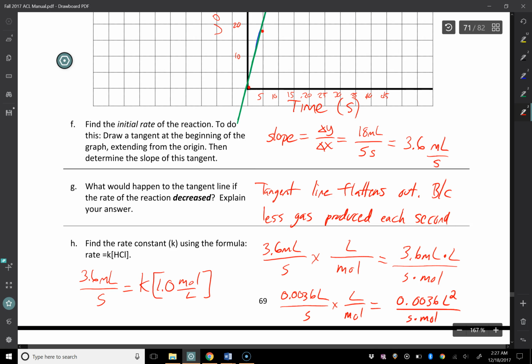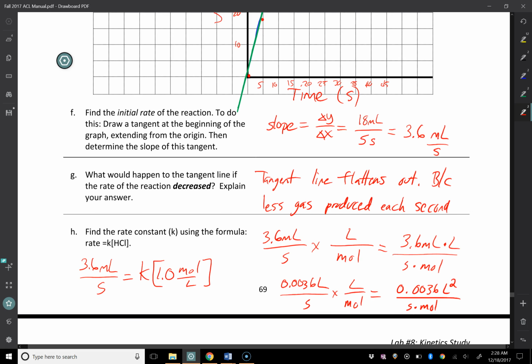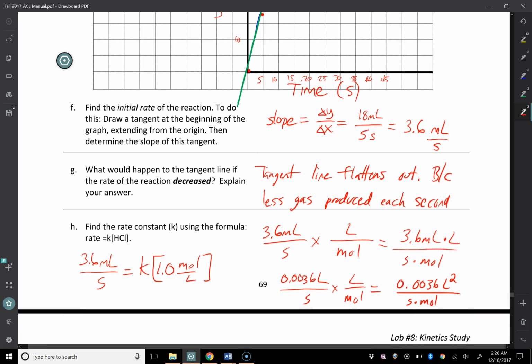I know that is not much clearer as far as what those units mean. Again, they're really just there to cancel out the unwanted units: the liters and the moles give us something in terms of volume per second in the rate. And that's really it as far as the calculations go.